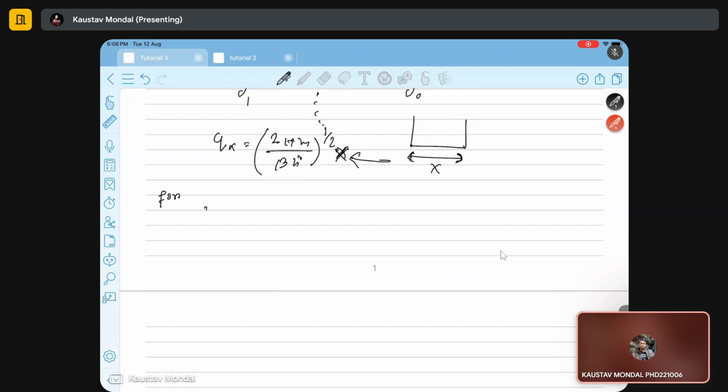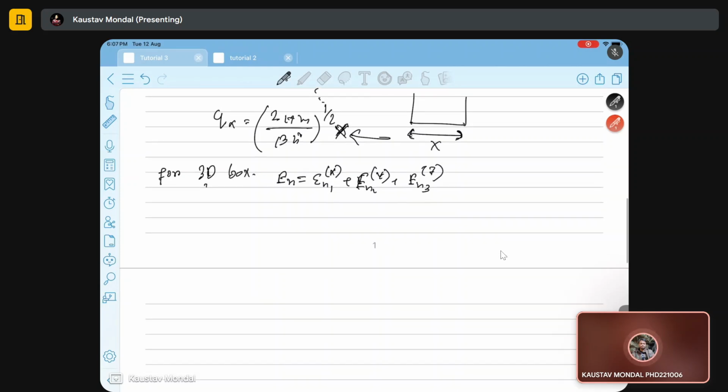So for the 3D box, what will be the expression of the partition function? For the 3D box, we know the energy will be divided into the 3 coordinates x, y, and z. So E_n would be epsilon in x, epsilon in y and epsilon in z.